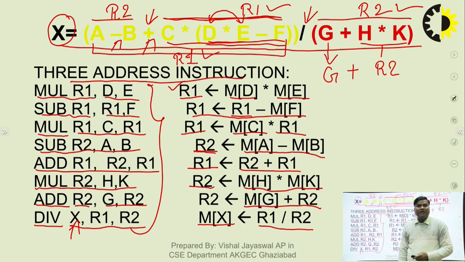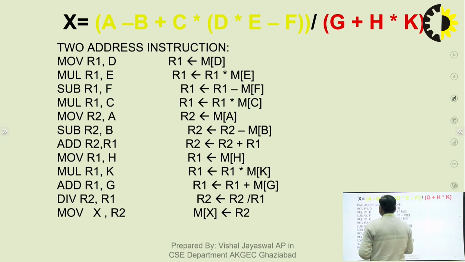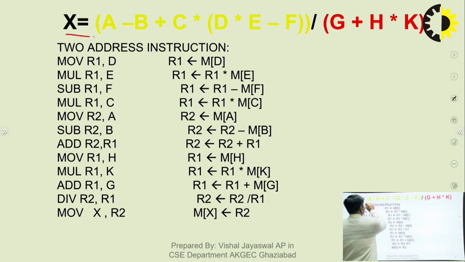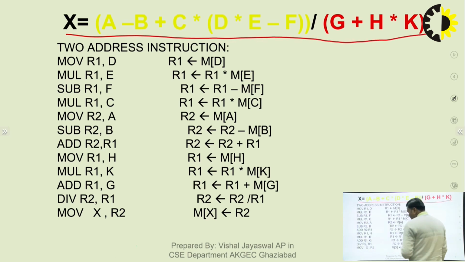Second, we are going to talk about the 2 address instruction format for this particular arithmetic expression. The arithmetic expression is the same, but this time we are going to use the 2 address instruction format. It means that while solving this problem, we are going to use only 2 addresses. An address may be memory or a register.